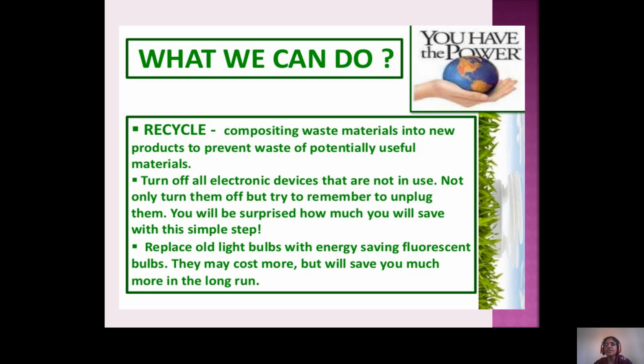Next, what we can do? What we can do for conserving it? So we have to recycle composite waste materials into new products to prevent waste of potentially useful materials, and turn off all electronic devices that are not in use.